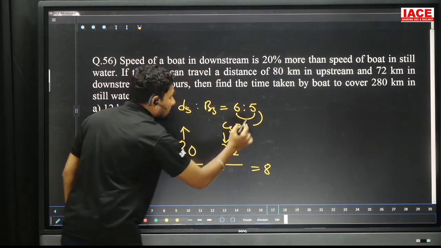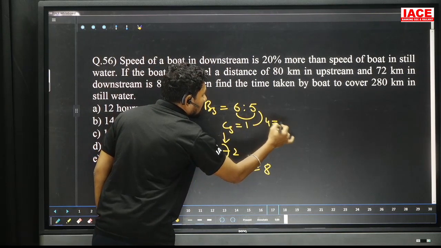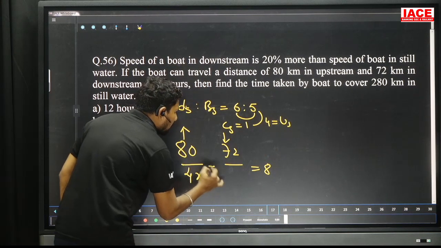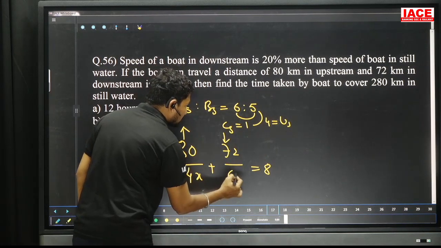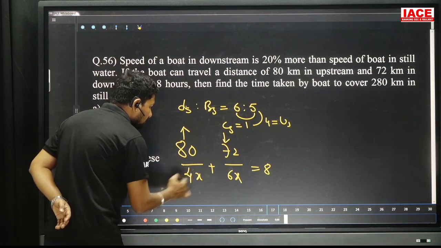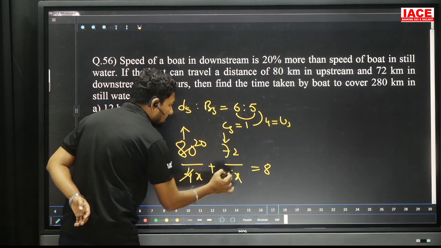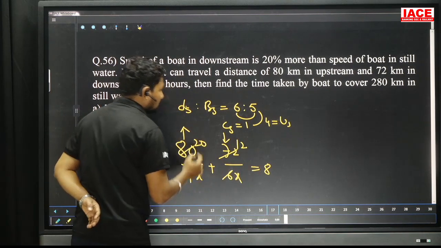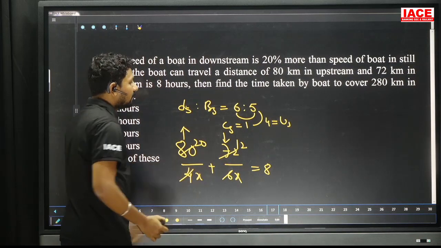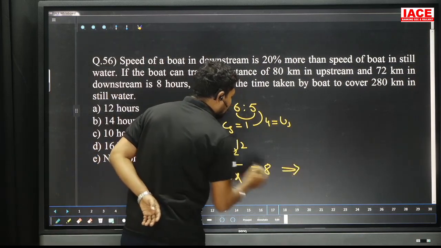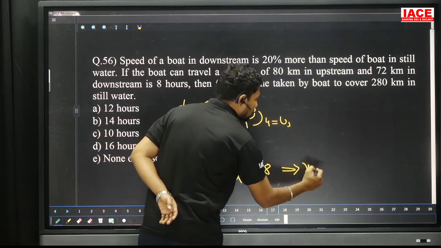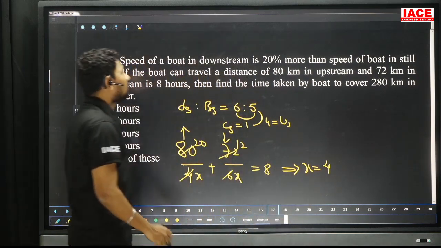That is upstream speed, 4x, plus downstream speed, 6x. Try to cancel the values. 4 times 20 is 80, and 6 times 12 is 72. 20 plus 12 is equal to 32. 32 is cancelled with 8. You will get x is equal to 4.